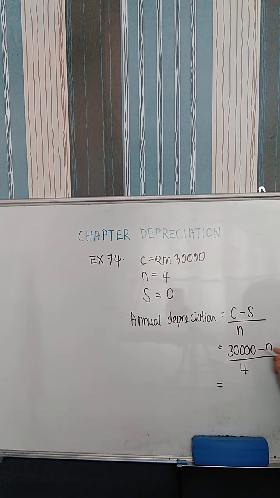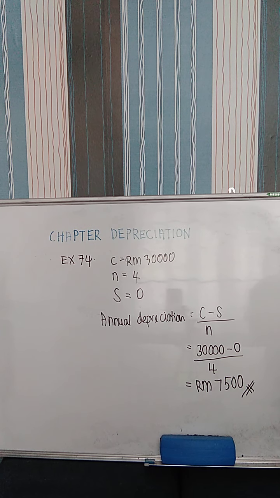So 30,000 minus 0 divided by 4, the final answer is 7,500. So this is the annual depreciation. Okay, so that finishes the straight line method.